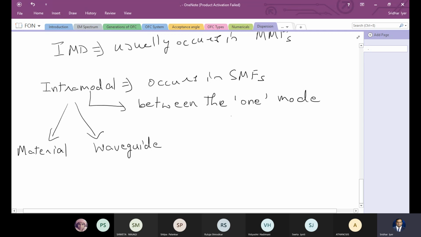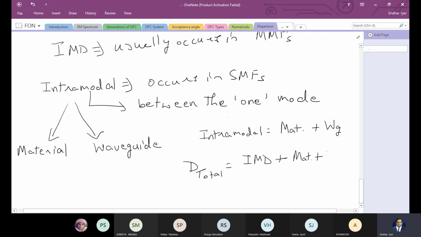Right? So combining all that, the intramodal dispersion will be material dispersion plus waveguide dispersion, and the total dispersion, D total, will be a total of intermodal dispersion in multimode fibers plus the intramodal dispersion, which will be the material dispersion plus waveguide dispersion.